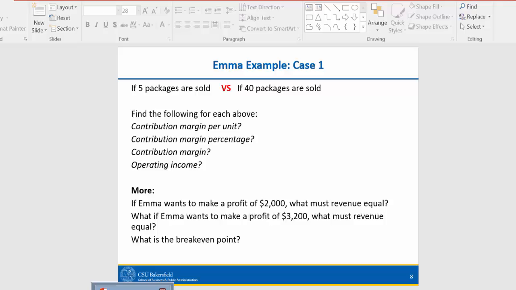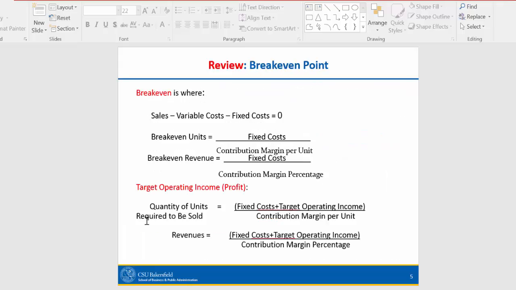First, let's look at: if I have a target profit, what must revenue equal? I'm going to go back to slide 5. Slide 5 says that if you have the target operating income or target profit, you can apply this formula to find the target revenue as well.